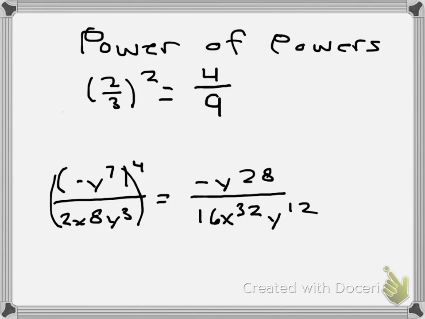You subtract y^28 and y^12, and so you'll get y^16 over 16x^32.